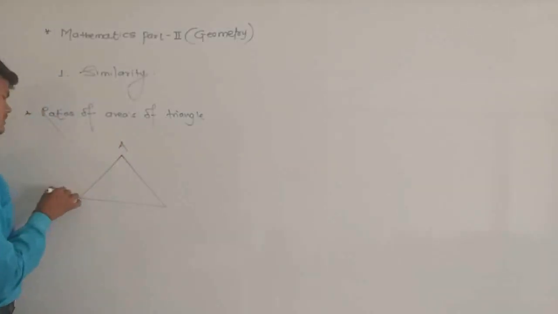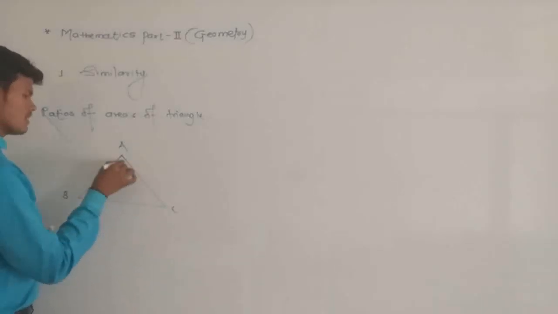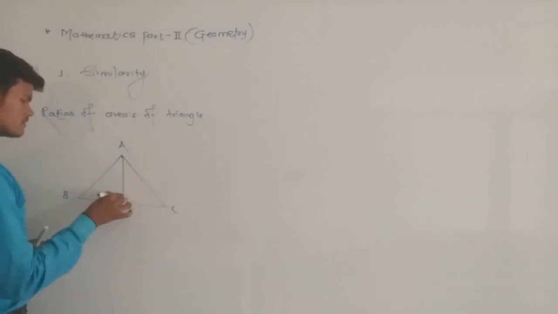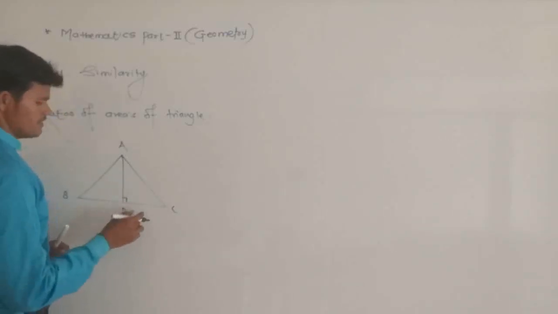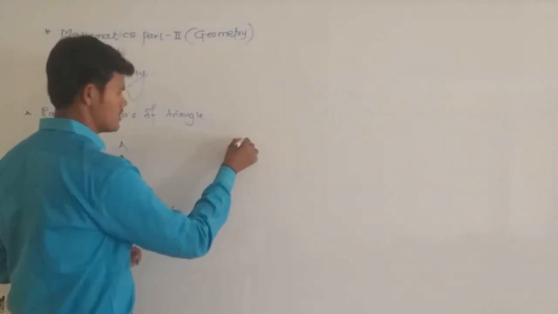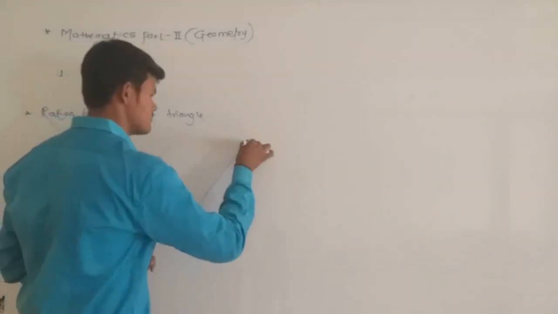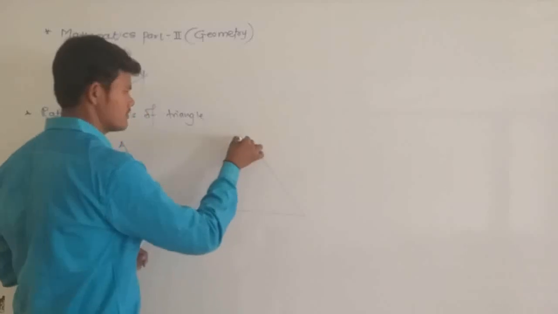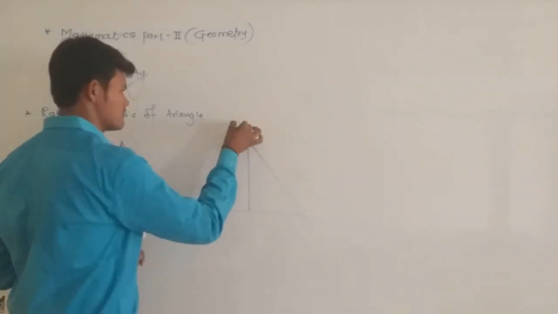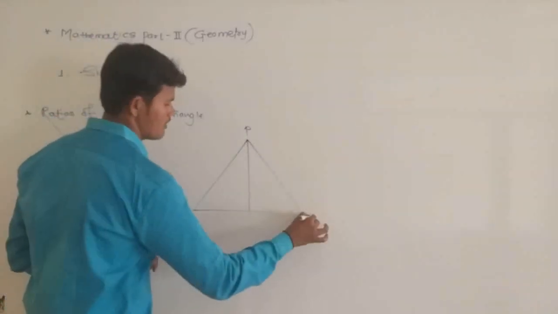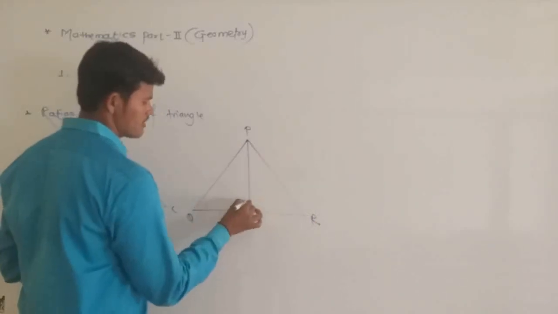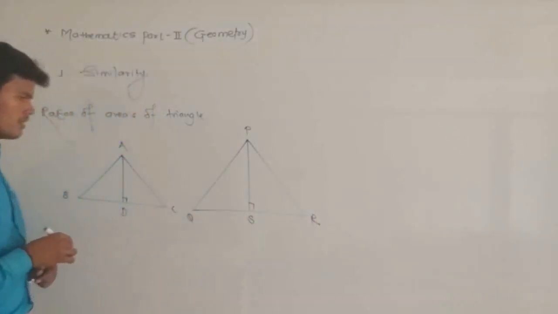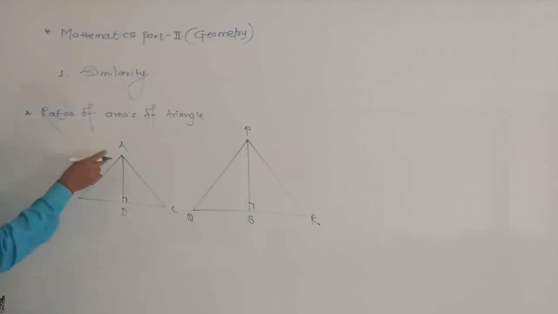This triangle ABC with height AD and base BC, and let's draw another triangle, this PQR, QR with height PS. So in the first triangle ABC, AD is the height.